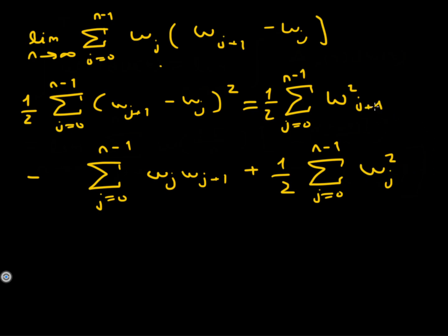This j plus 1. So what we do now is we take this j plus 1 to be k and start k from 1. Alright? So what happens when we start k from 1? We'll have a new summation equation.